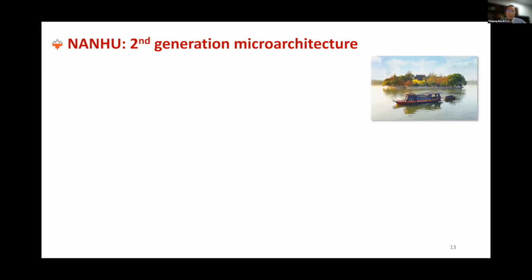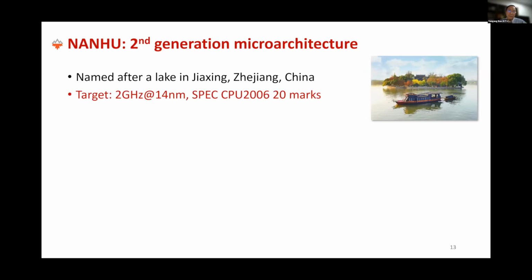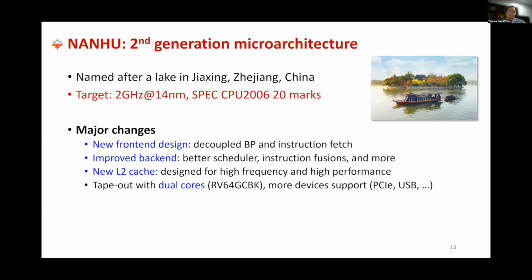Then we have completed the RTL code of the second generation, NANHU. NANHU is a name of a lake in Jiaxing, Zhejiang province in China. The target is 2 gigahertz at 14 nanometer technology, and the SPEC CPU 2006 performance is 20 points. We have made 4 major changes over the first generation.